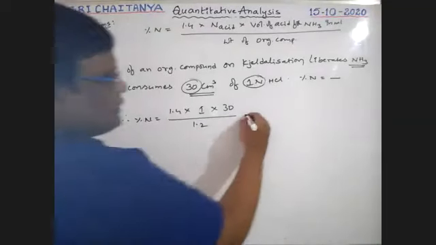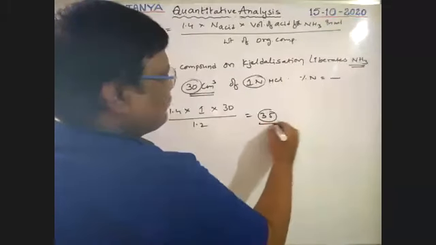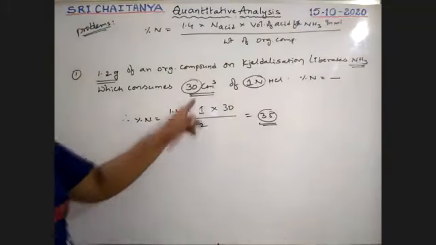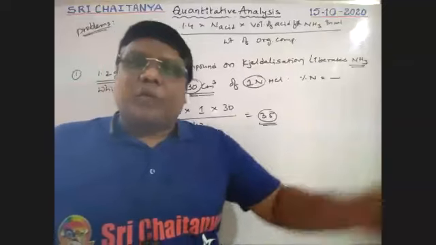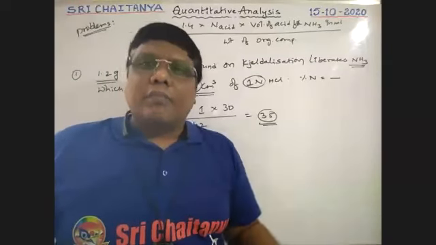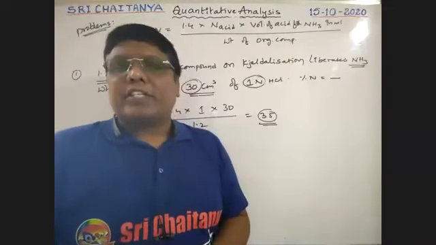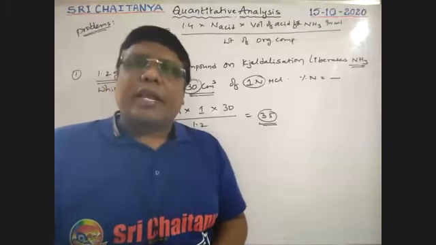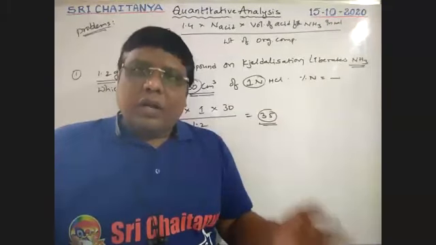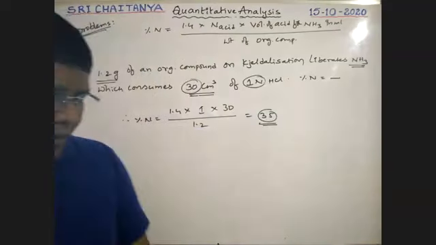Finally we have the answer, 35. That means it contains 35% nitrogen. Here the given value is the exact value for ammonia, so there is no need of back titration. It is the direct formula method.